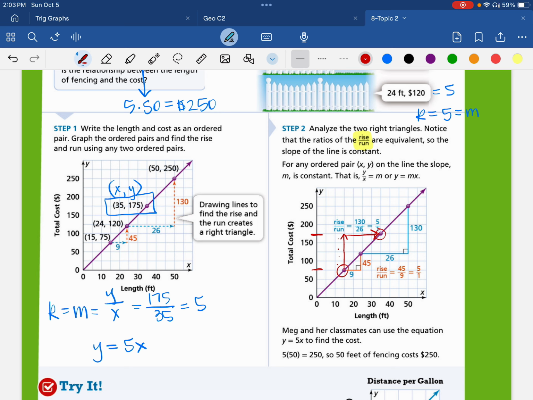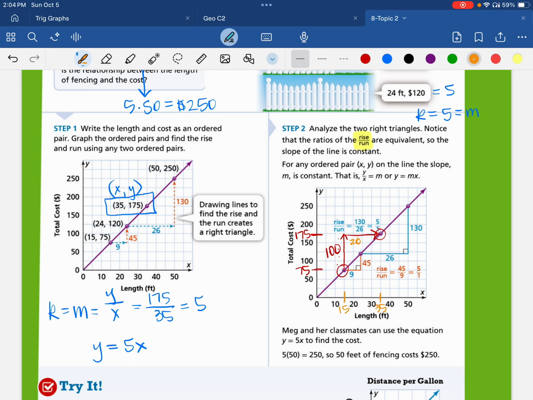So this first point is going from a y value of 75 up to a y value of 175, giving me a rise of 100. And then the run, we are going from a horizontal value of 15 to a value of 35. So the run there would be 20.